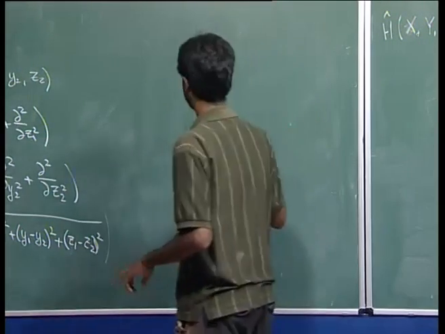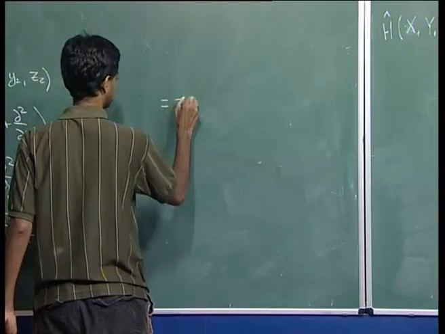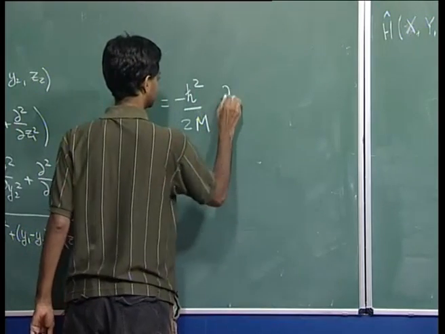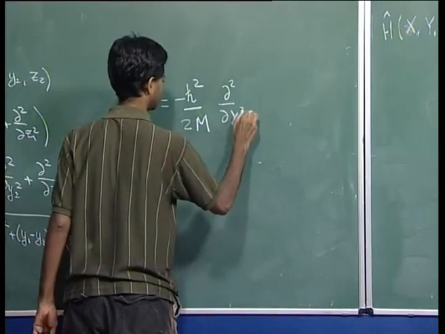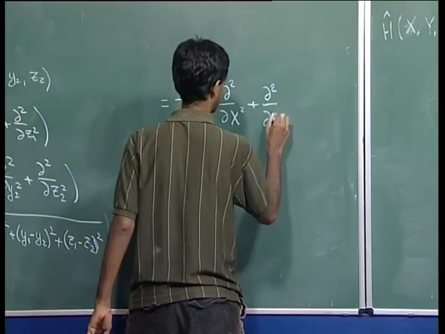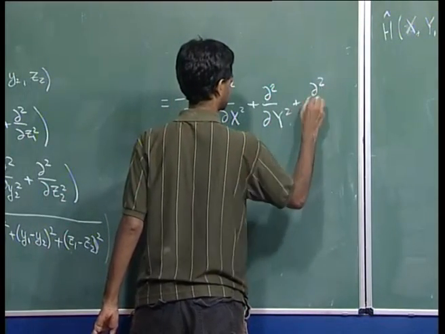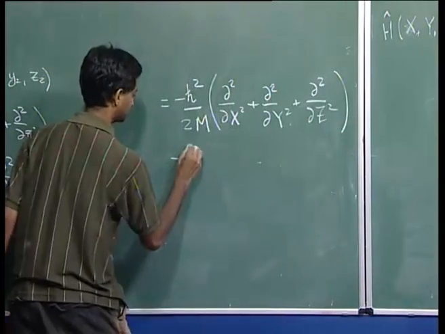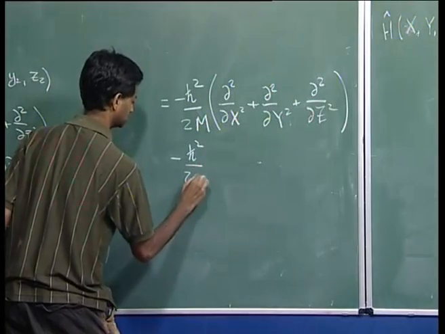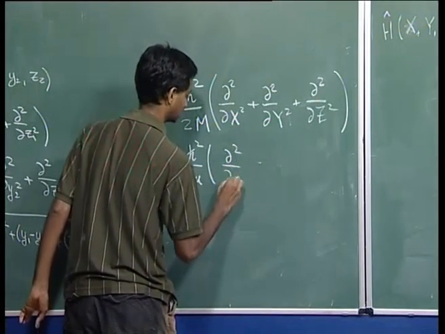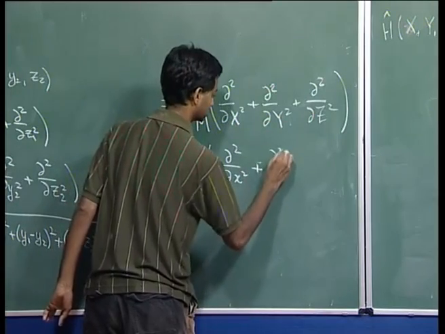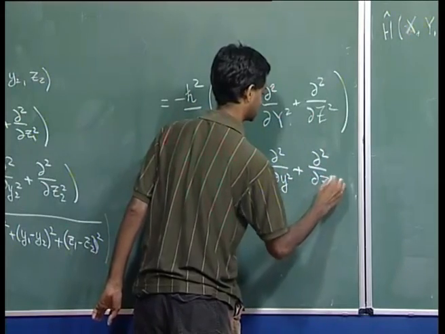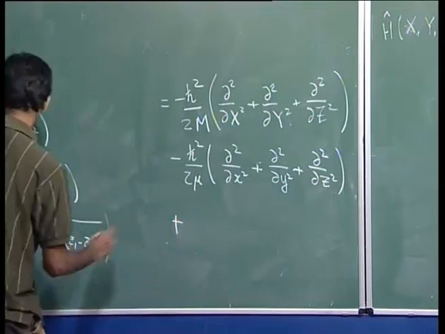So you can finally write the same Hamiltonian as minus h cross square by 2 capital M, ∂²/∂X² plus ∂²/∂Y² plus ∂²/∂Z², minus h cross square by 2 mu, ∂²/∂x² plus ∂²/∂y² plus ∂²/∂z², plus you have the interaction potential.